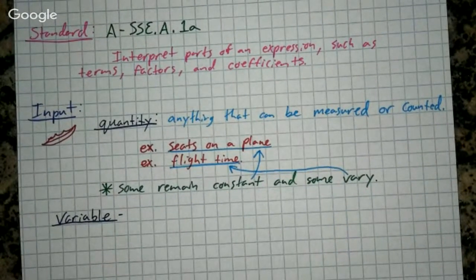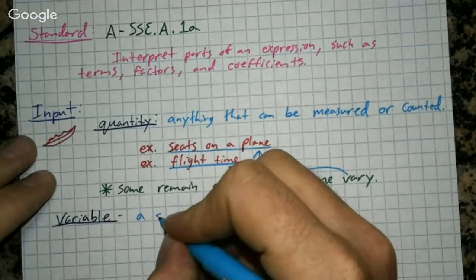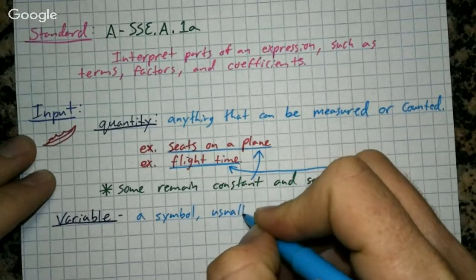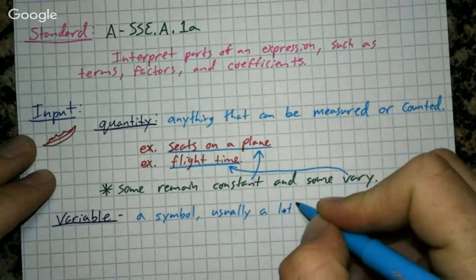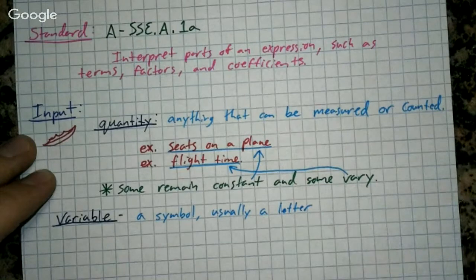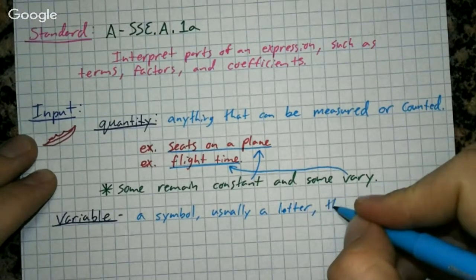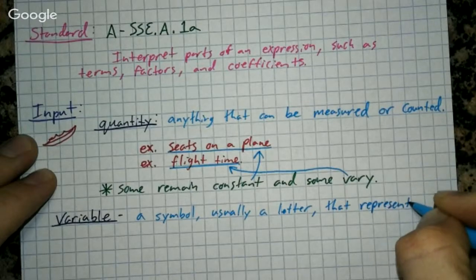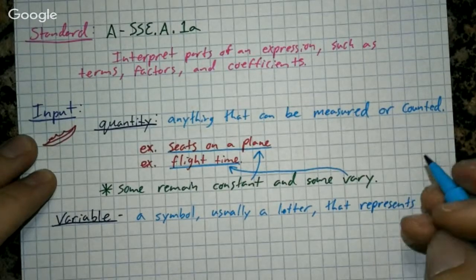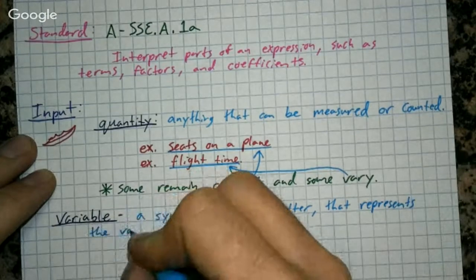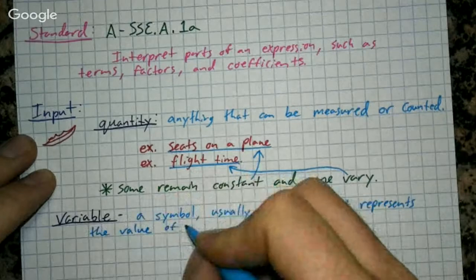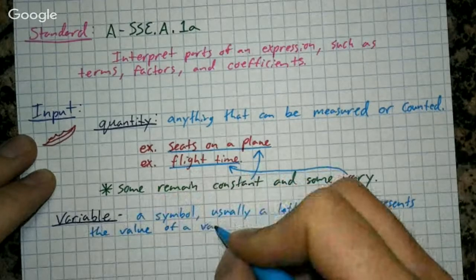So a variable is a symbol, usually a letter, that represents the value of a variable quantity.